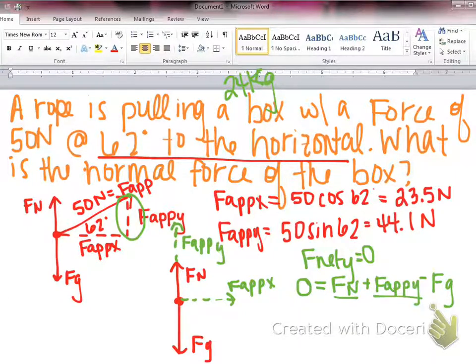Do we know F applied y? Yes, because we broke that down. So 0 equals normal force plus F applied y, which we solved right here to be 44.1, minus F sub g, which is mass times gravity, 24 times 9.8.